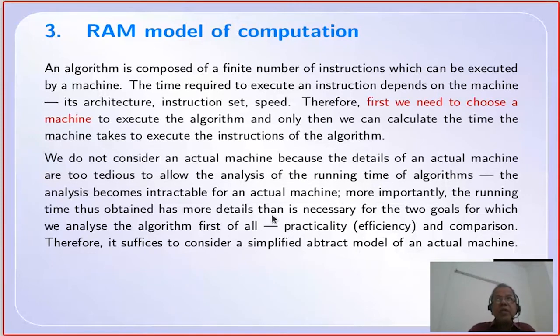Our goal is to find out, one, is the algorithm efficient? Is it practical? Two, is the algorithm better or worse than another algorithm? For these two goals, we do not need a real machine as the target machine. We want to have a simplified abstract machine, which will be sufficient for our intended goals.